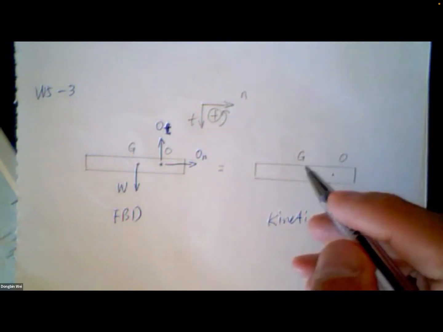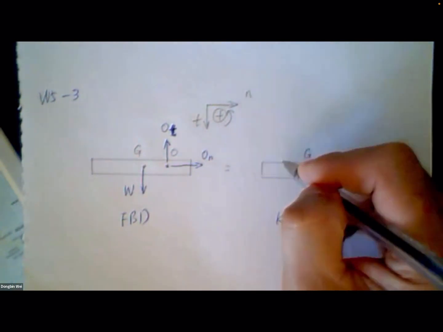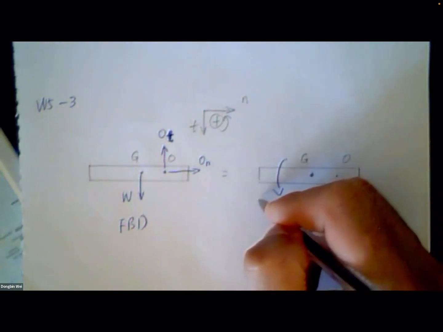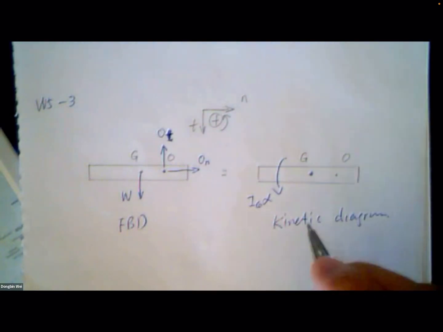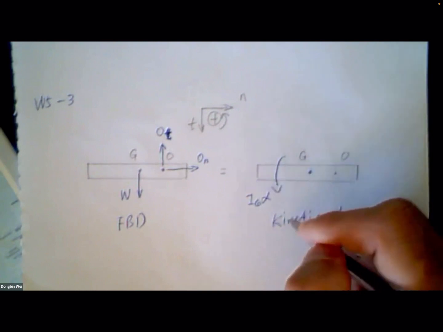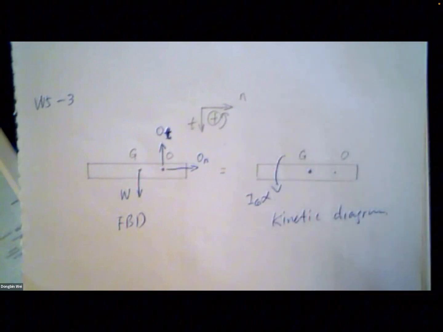And then in the kinetic diagram, I have I_G alpha. Alpha is counterclockwise positive, assume.